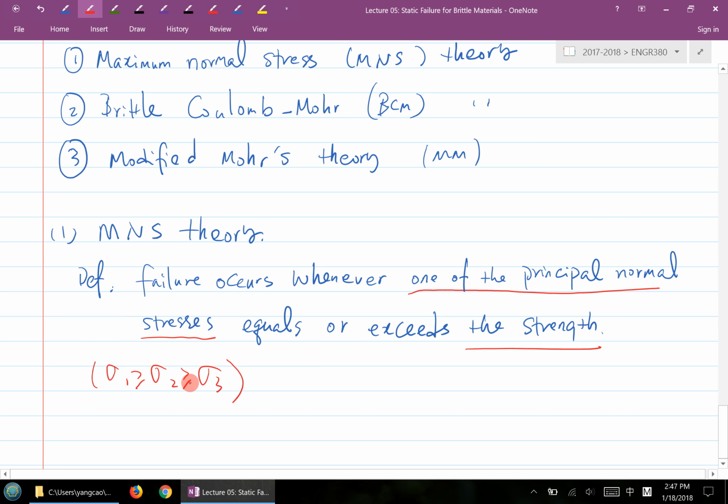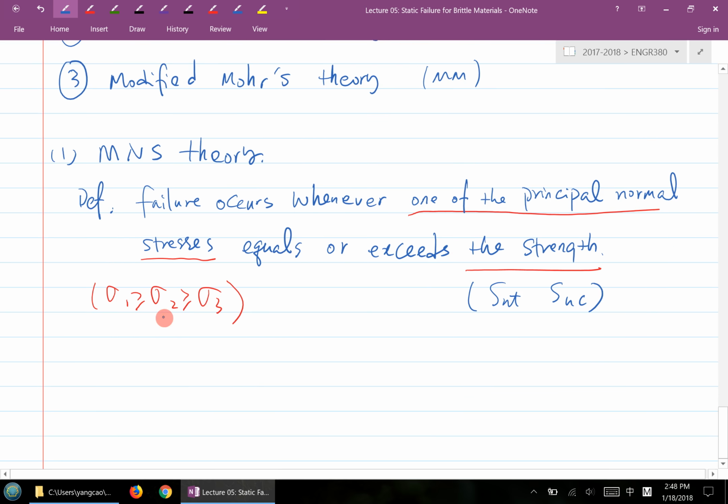Now you're talking about the strengths of the brittle material, and as we just said, there are only 2 strengths, SUT and SUC. So basically, you're comparing these to determine the failure conditions. Sigma 2 is out of the picture, because it's in the middle.